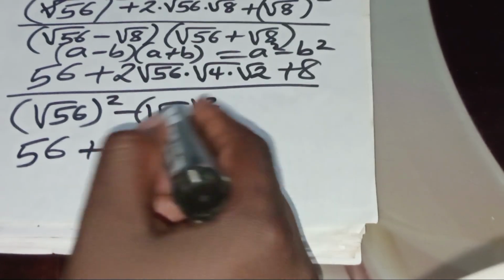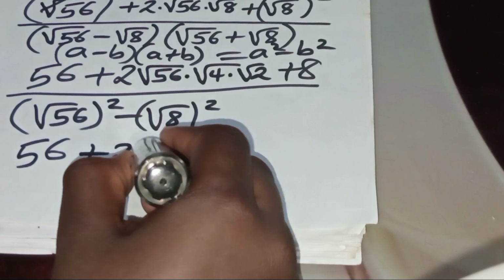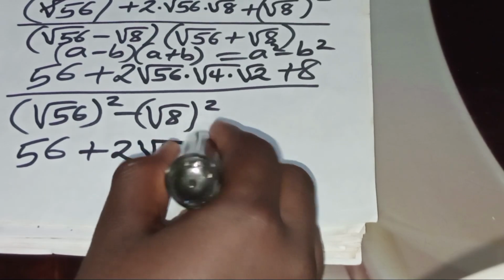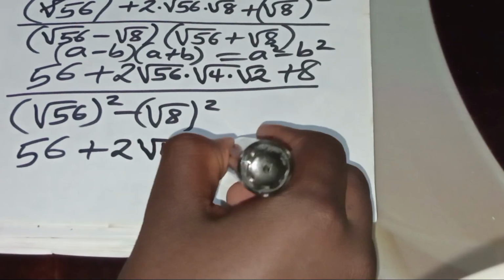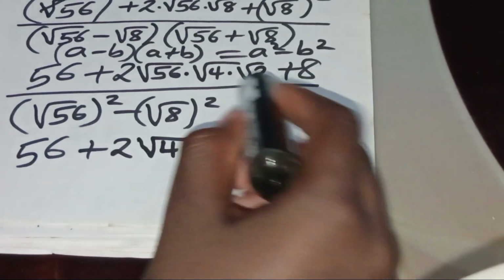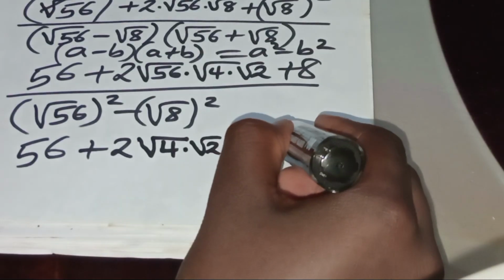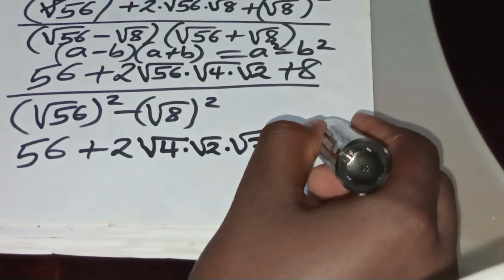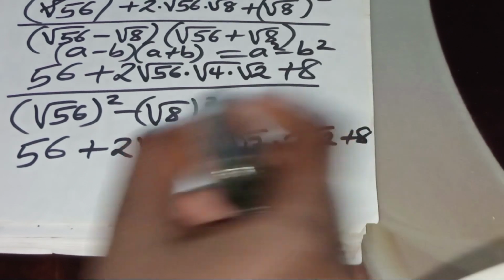So that now we'll have the numerator part as 56 plus 2, and the square root of 56 can be expressed as the square root of 8 times the square root of 7, which is the square root of 4 multiplied by the square root of 2 multiplied by the square root of 7, multiplied by the square root of 4, which is basically equal to 2 multiplied by the square root of 2, plus 8.